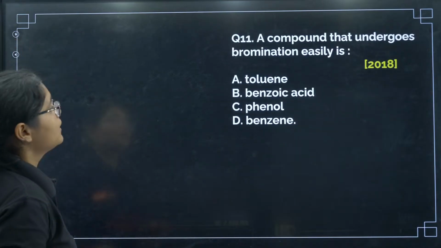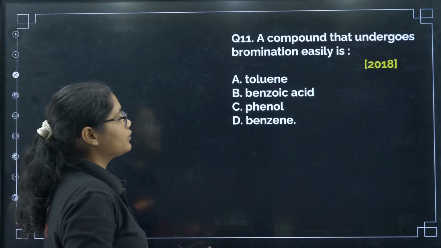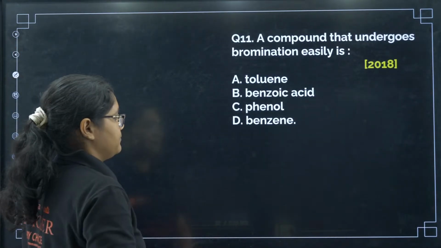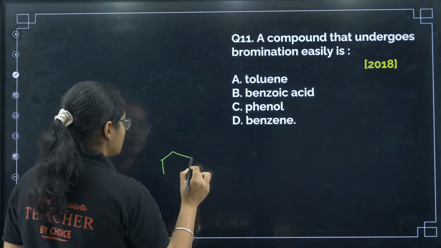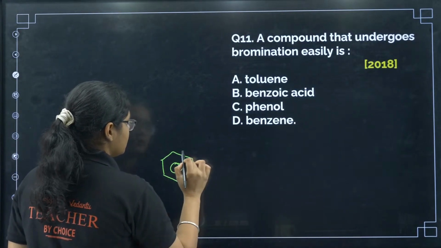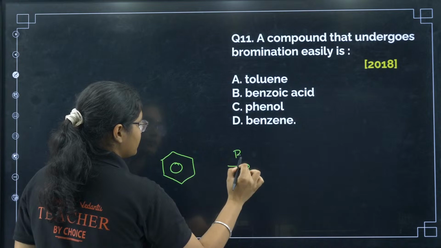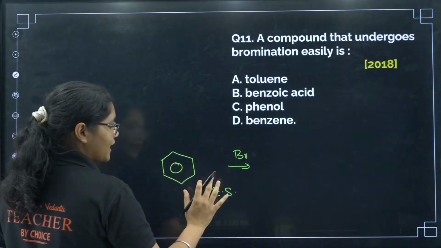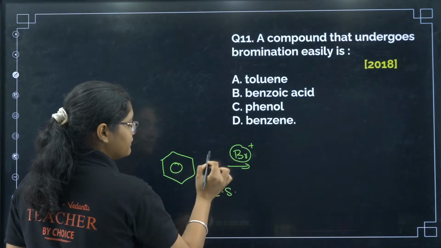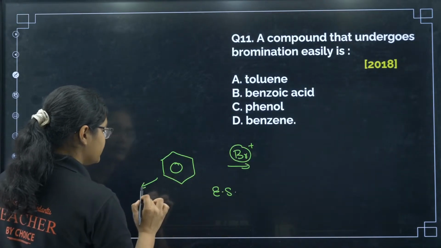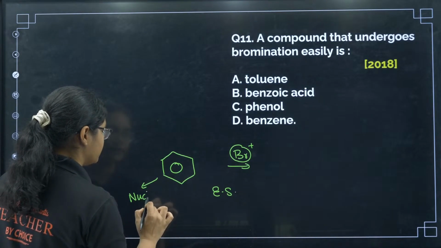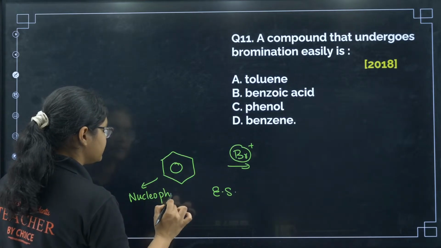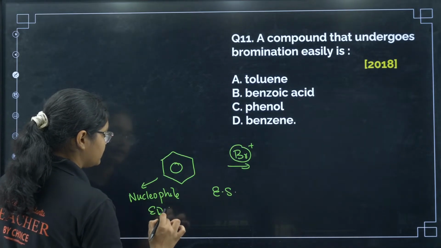Okay. Next, a compound that undergoes bromination easily. Now see, bromination is what? If you are undergoing bromination, this is an electrophilic substitution reaction. So that means this is an electrophile which is attached to the ring. So this ring should behave as a nucleophile. Okay, means it should have electron donating groups.